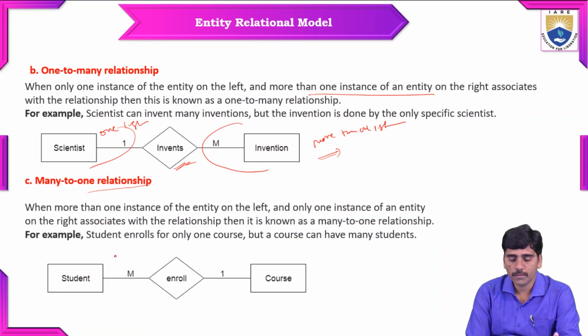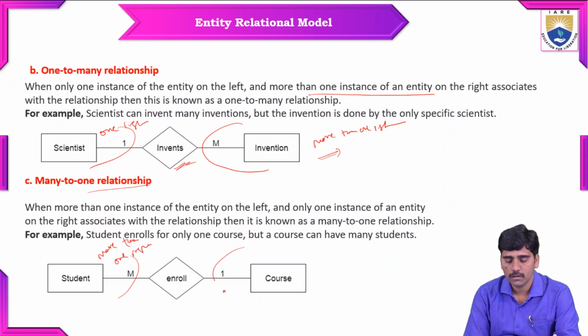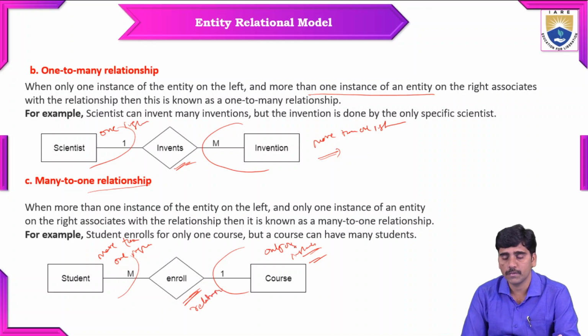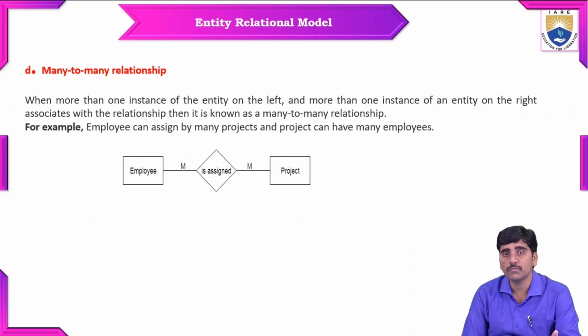More than one instance from the left side and only one instance from the right side are associated with the relationship. It is called a many-to-one relationship.